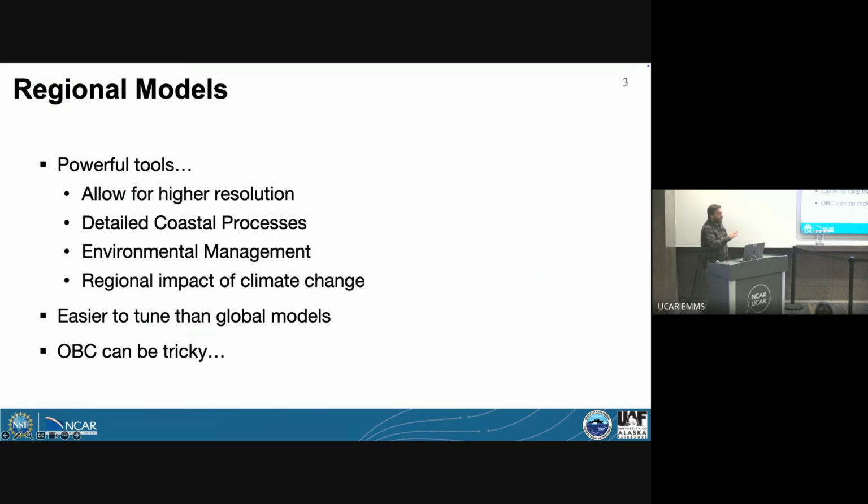You can usually get around that with a regional model because you are focusing the model on one given location in the first place. The downside of regional models is OBCs, open boundary conditions. Those are not an easy question, and I will go into some detail about that later.